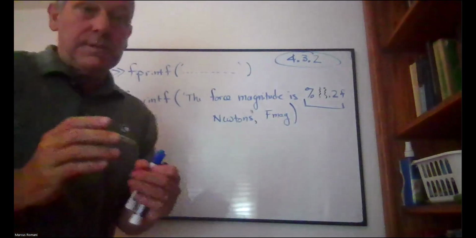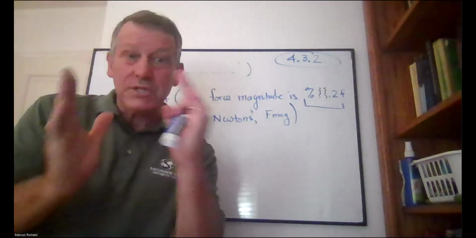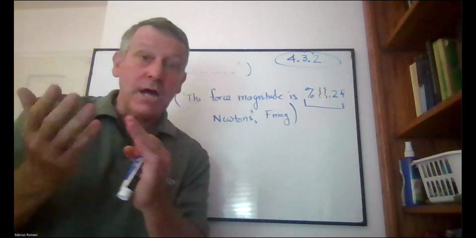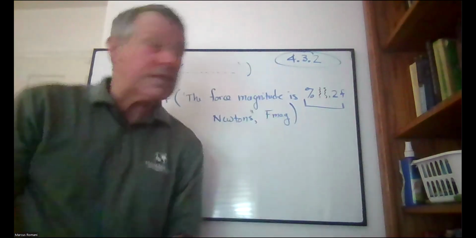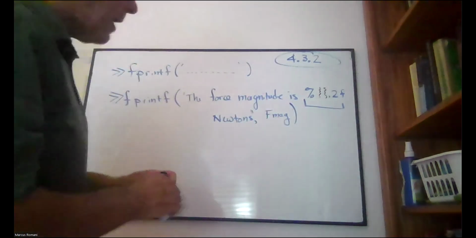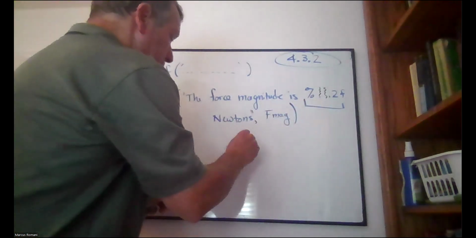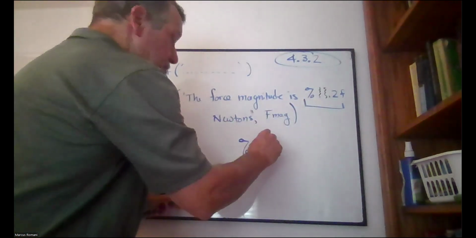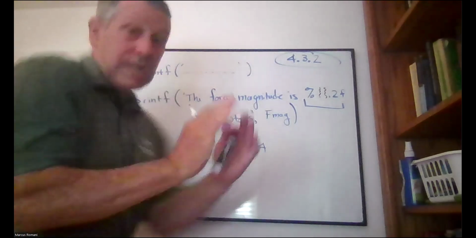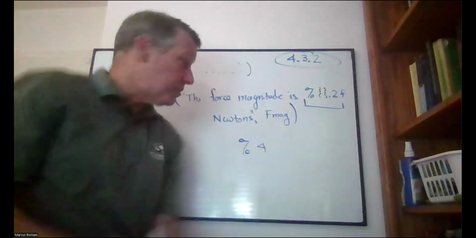These other two values that you can put in there are optional. One is that we can have a plus or minus in front of it. Another is the width that we can have. So I'm going to skip this one right here. When I enter it, I'm going to do percent. I'm going to try a 4. That's how wide my field for the variable is going to be.